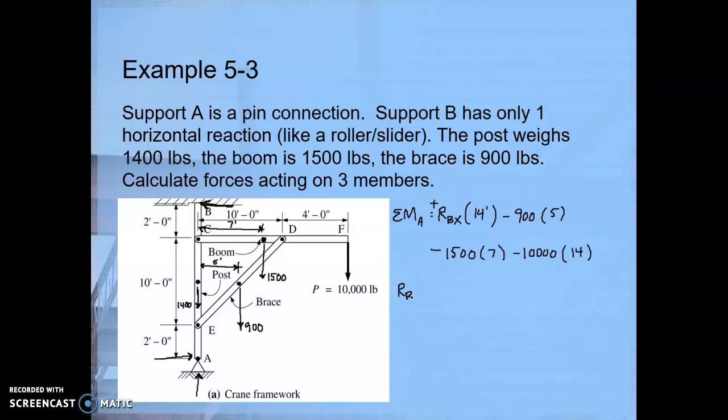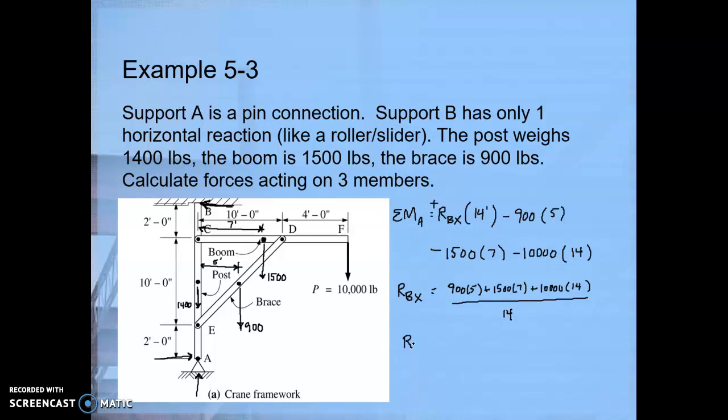So the reaction at B in the x direction is going to equal 900 times 5 plus 1500 times 7 plus 10,000 times 14. And then all of that gets divided by 14.